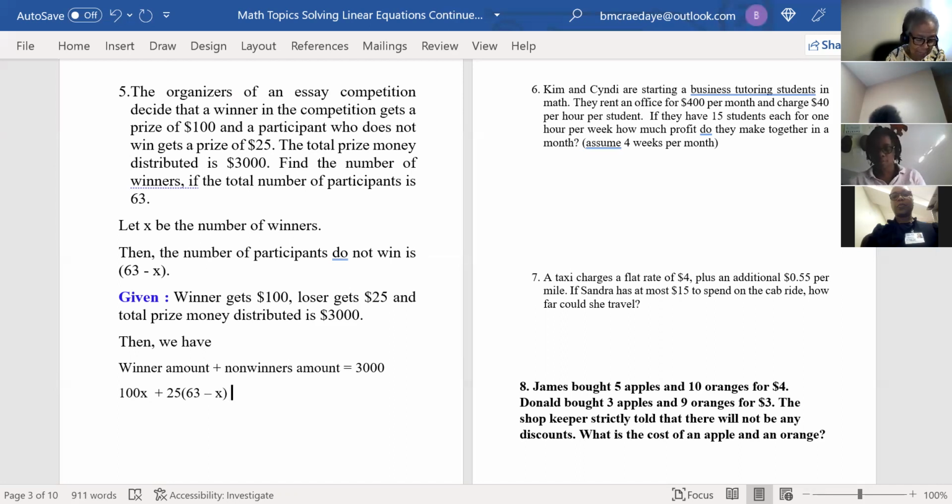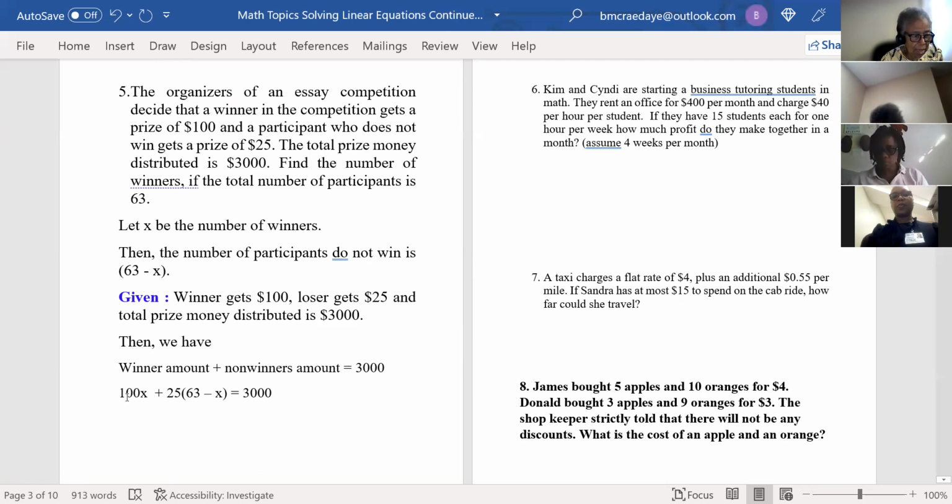And what is this equal to, Maureen? This expression on the left is equal to what on the right? It's equal to the total prize money, which was what? 3,000. Winner amount plus non-winners amount is 3,000.